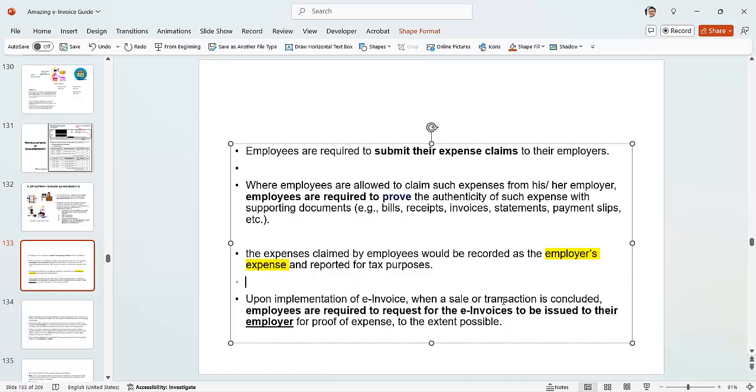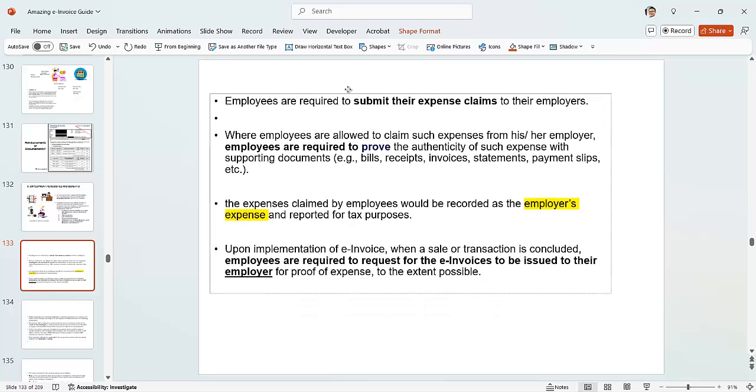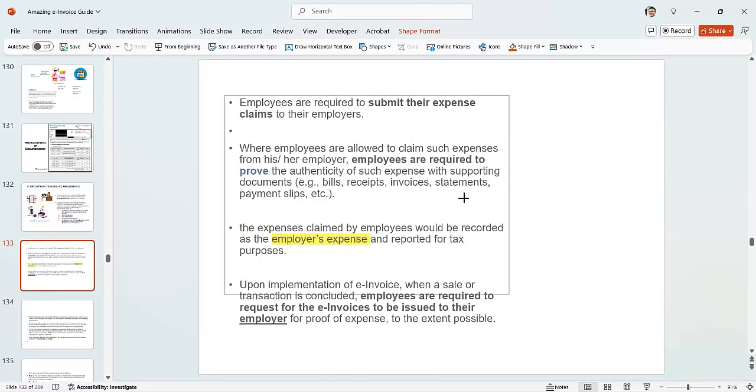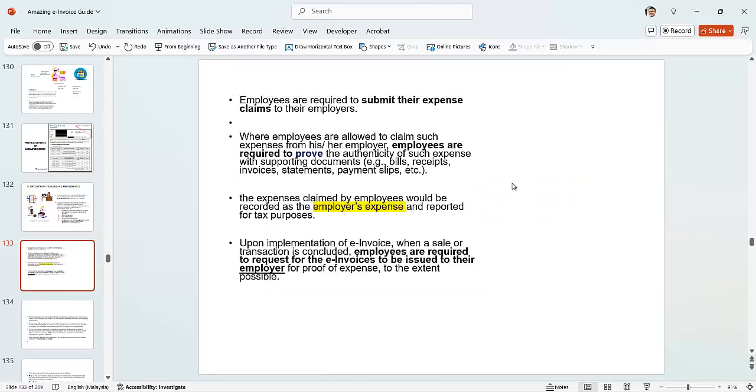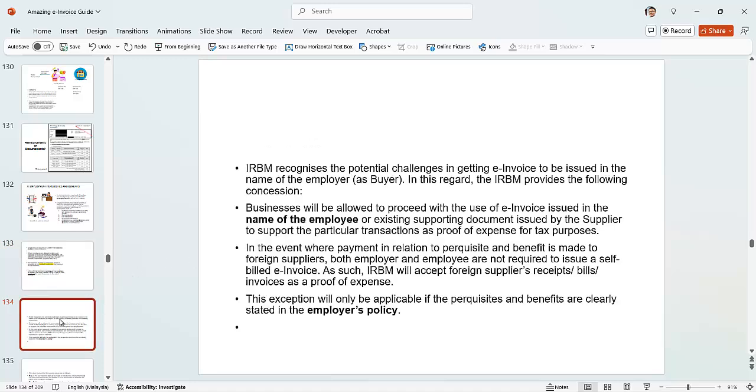Upon the sale or transaction, the employer is required to request an e-invoice to be issued to the employer. So let's say you go for a gym membership. The gym has to issue the e-invoice to the company, not to you, right?